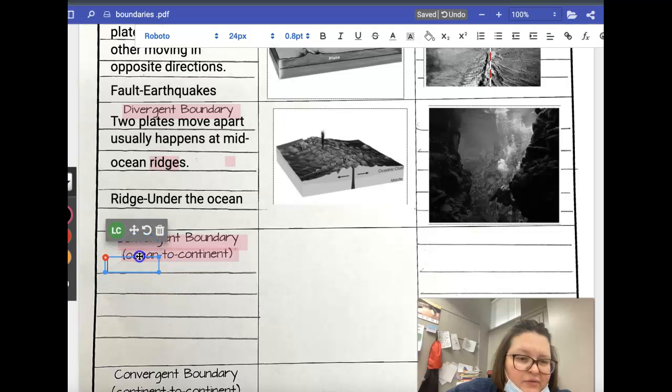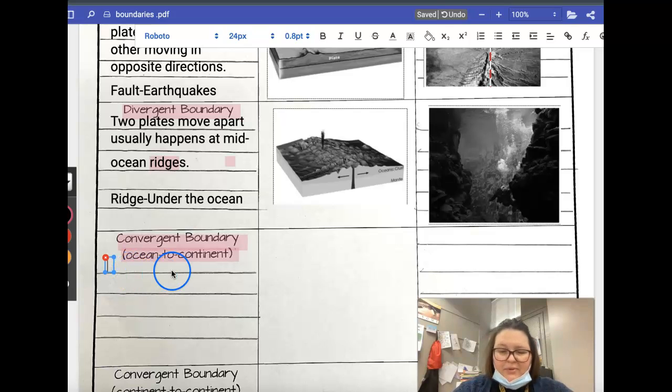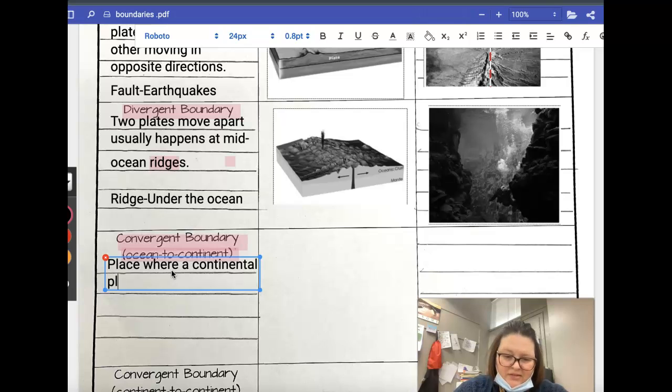Let's do that now. So the convergent boundary is a place where a continental plate collides with, and make it grammatically correct, an oceanic plate.